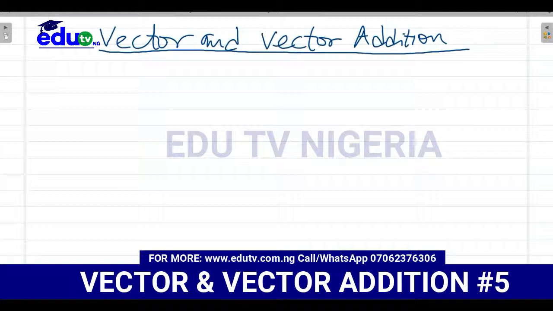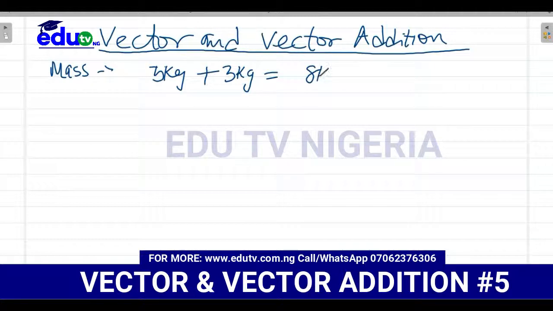That's when you have something like mass. Mass is a scalar quantity. You can have 5 kilogram plus 3 kilogram. It will definitely give you 8 kilogram. That is just ordinary arithmetic.